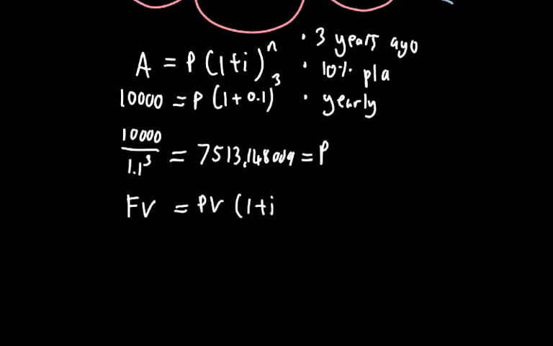And then we could go a step further. In this case, we wanted to know the present day value. So I could make the present value variable the subject of the formula, the same way I did above, by simply moving the 1 plus i to the power of n to the other side.